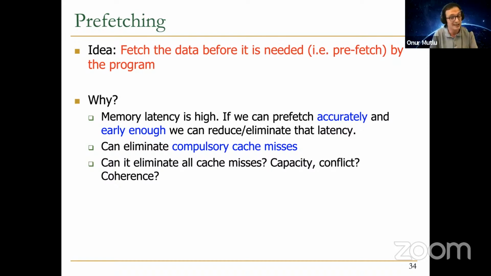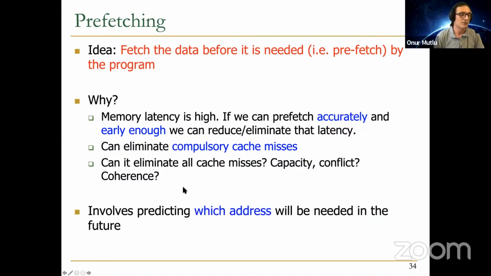As long as you can do that, then you can eliminate any kind of miss, including coherence misses. You may have lost the data in your cache because some other processor needed to write to it. As a result, it invalidated your block. But then in your next reference, if you can predict that you're going to reference the cache block again, you can bring it into your cache before it's needed.